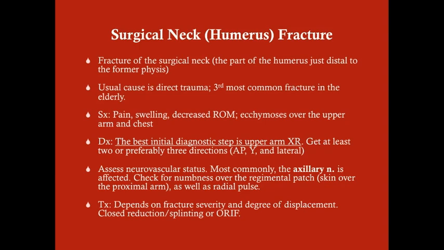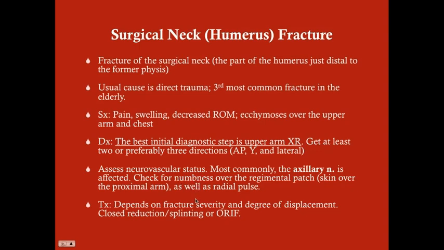It supplies motor input to the rotator cuff muscles and the abductor muscles, shoulder abduction, and it also supplies sensory innervation over the regimental patch. So you're going to want to check both arm abduction and the skin over the proximal arm. And you're going to want to document this before you do your treatment.